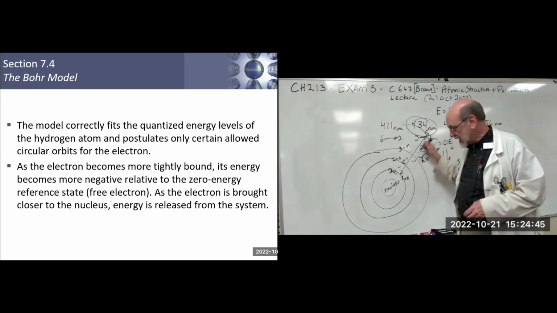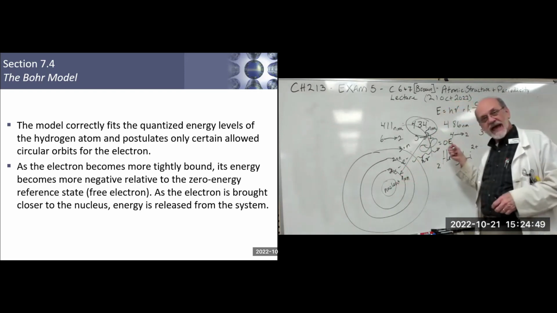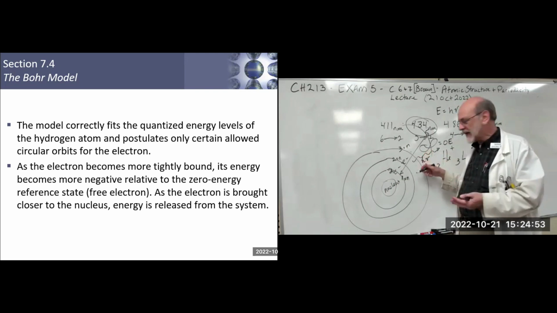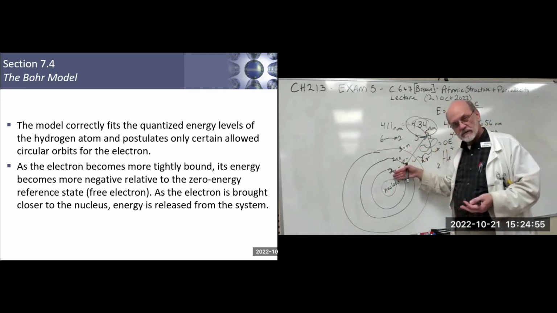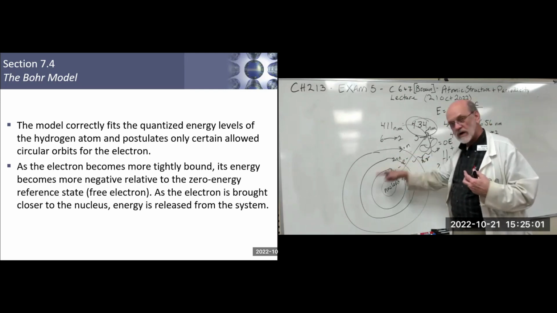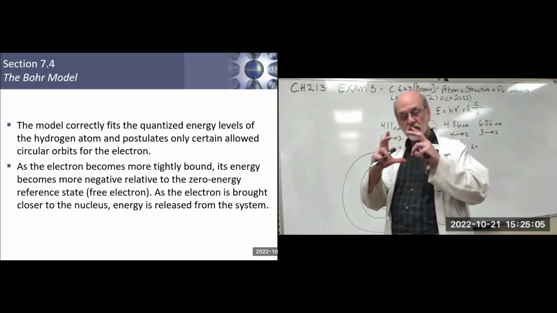It's losing energy as it approaches the nucleus. That means energy is leaving the atom, and that's a negative value. So the more negative the value, the closer the electron is to the nucleus, and the more negative is the value of energy associated with that orbital, with that particular position.